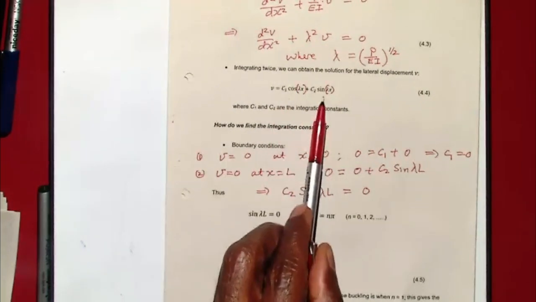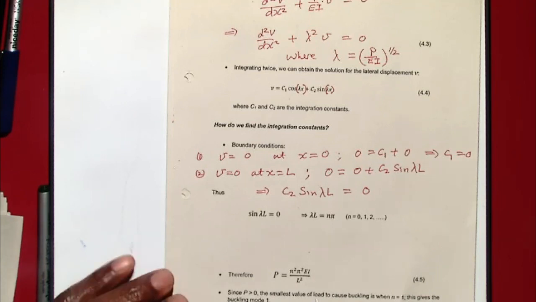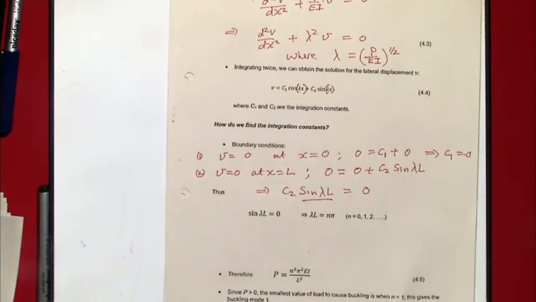For the second part, because we know the beam structure will have deformed, C2 cannot be 0. So C2 is not 0, and therefore sine lambda L would be 0.